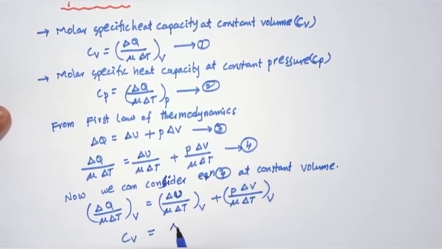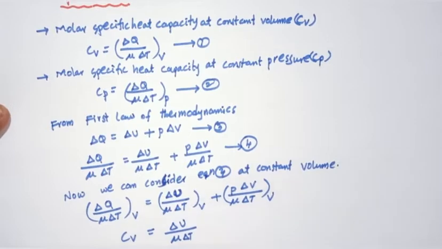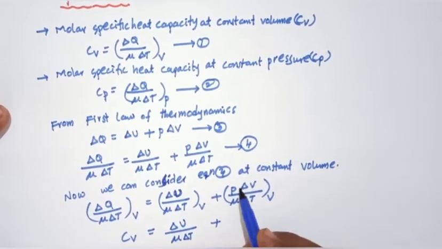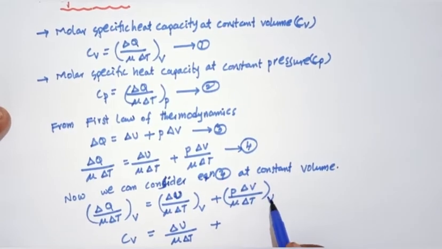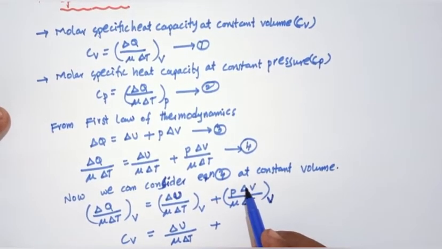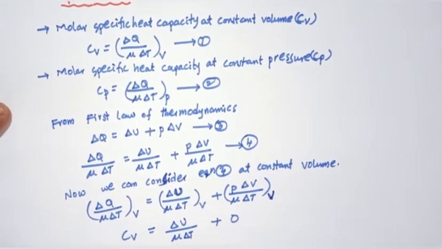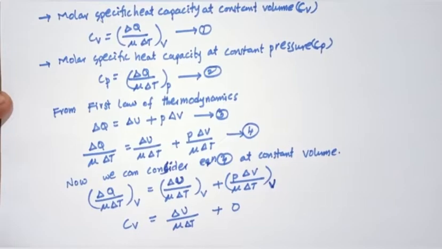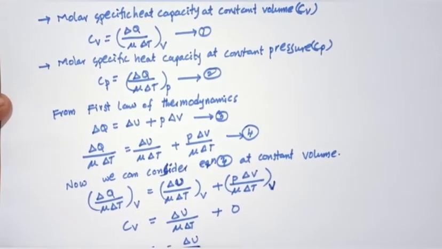Then delta U by mu into delta T remains, plus P delta V by mu into delta T at constant volume. At constant volume, the change in volume equals 0, so that term is 0. So from this equation, Cv equals delta U by mu into delta T. This is equation number 5.